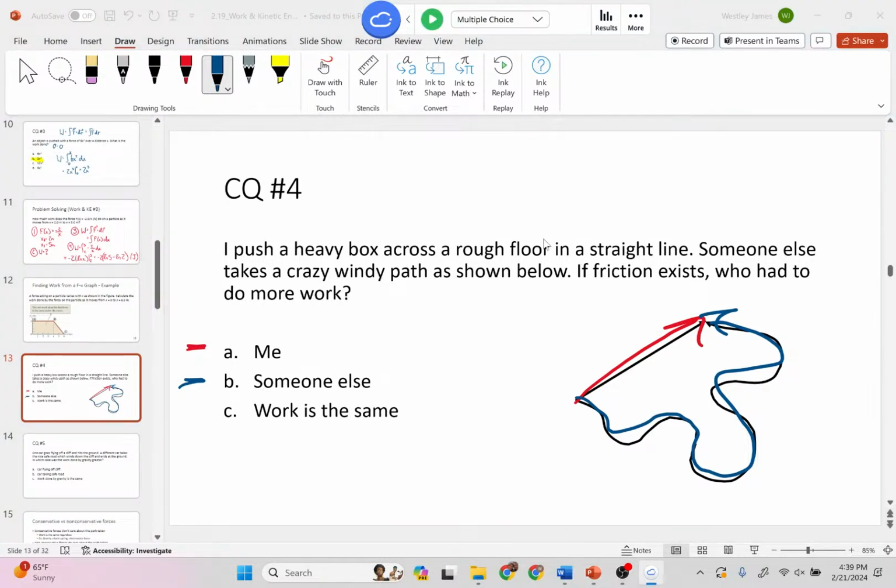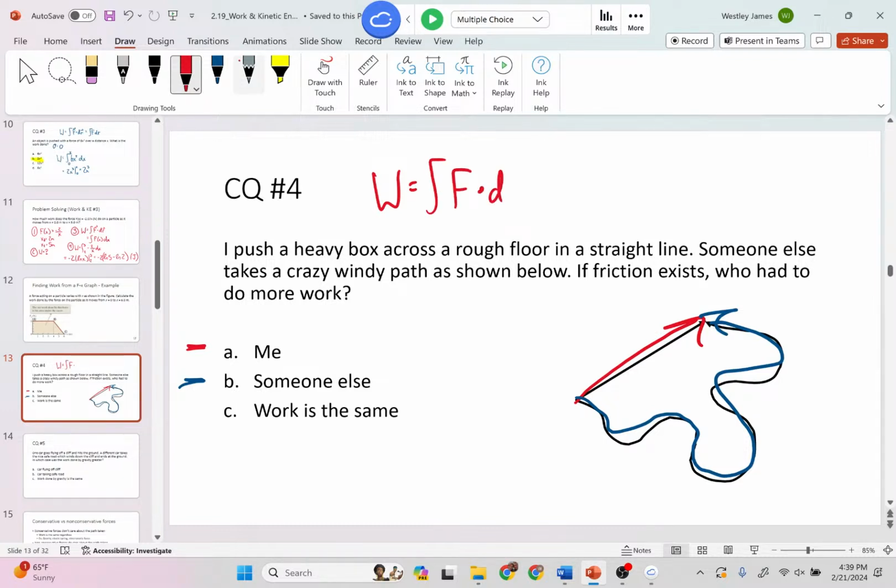Okay, so there's a couple ways to think this through. Let's think about it mathematically. The definition of work equals the integral of force dot the distance, which again turns into this. I think it's easier if we look at it in magnitude: F dr times the cosine of the angle between them.